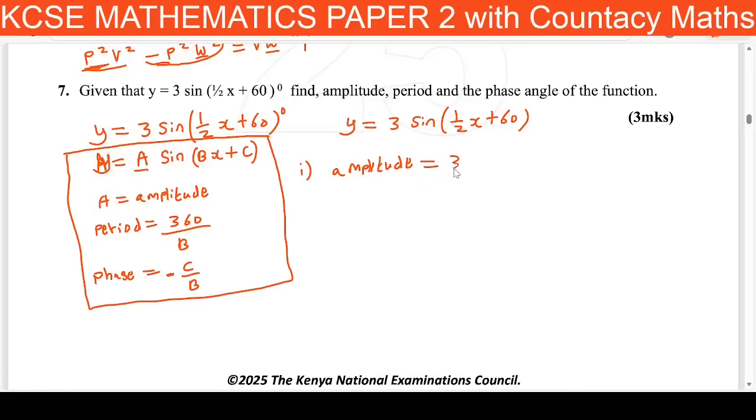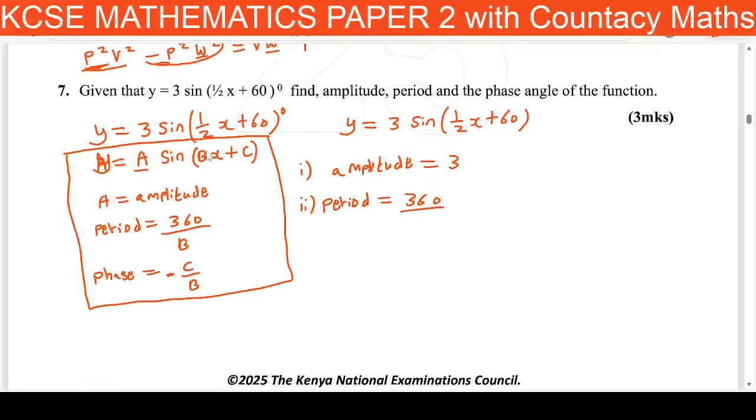So you just write 3. And then you go to the second part. They are asking you to find the period. You just write period. It is equivalent to 360 divided by b.